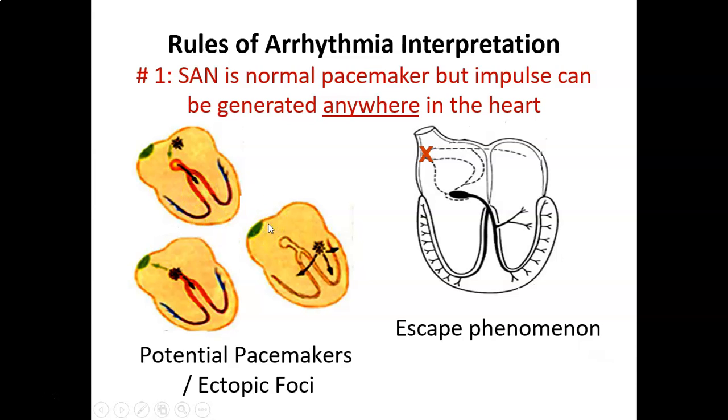Another mechanism is, as I said, normally the SA node works and it's responsible for generating electricity. But if the SA node is dead, is no more working, is sick, the heart is not going to die, then the AV node will take over. If the AV node is also not working, the heart is not going to die.